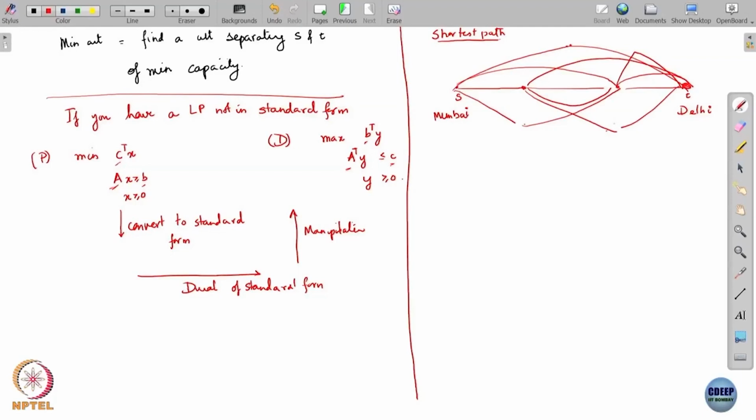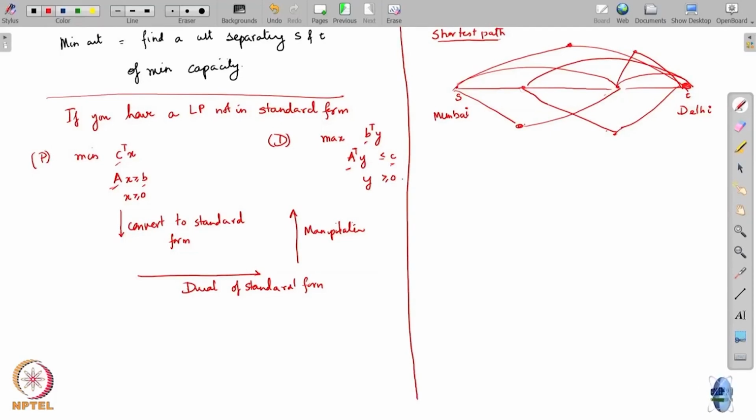Okay. So now if you have a general network like this, the question we want to ask here is: what is the shortest path? Every link here has a length or a cost associated with it.